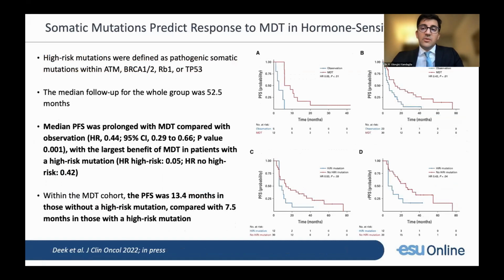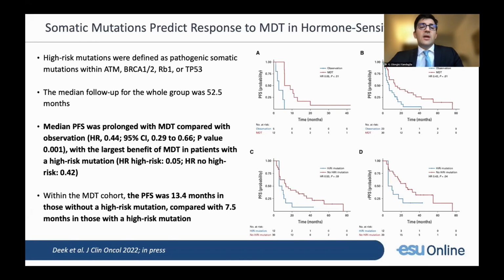And finally, I would like to show you some data regarding an earlier setting, which is hormone-sensitive metastatic prostate cancer. In this setting, we have data coming from the REAL and STORM trial, which have been recently published by the Journal of Clinical Oncology, and here patients were stratified according to the presence of pathogenic somatic mutations in ATM, BRCA1, 2, RB1, or TP53.